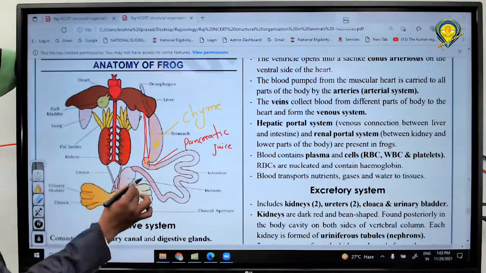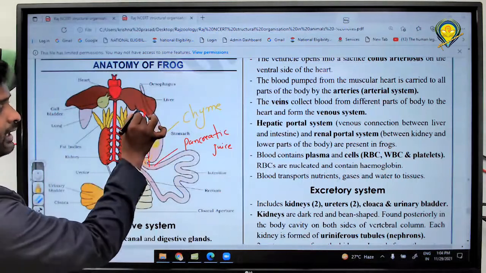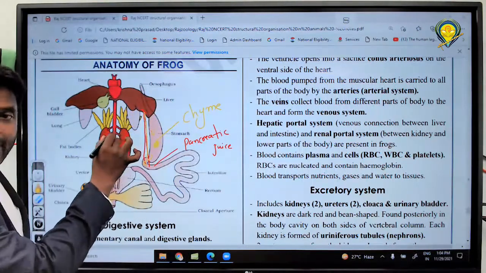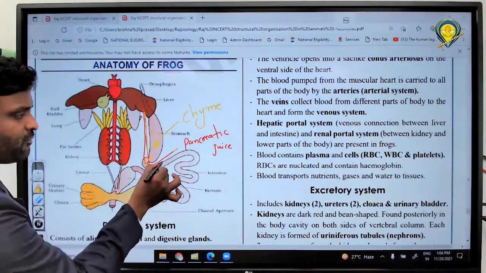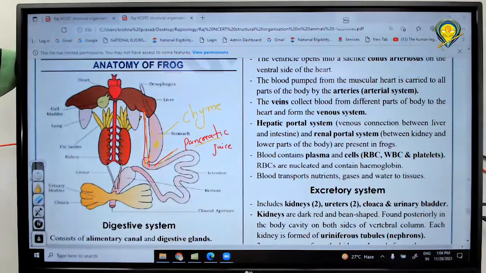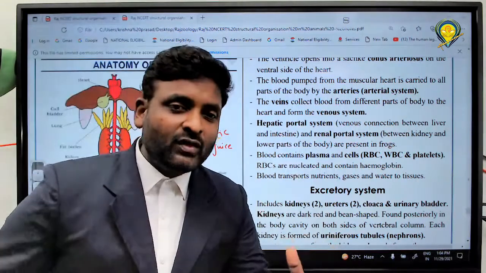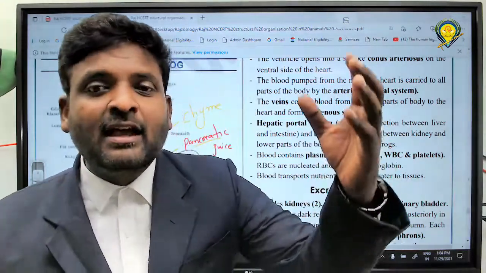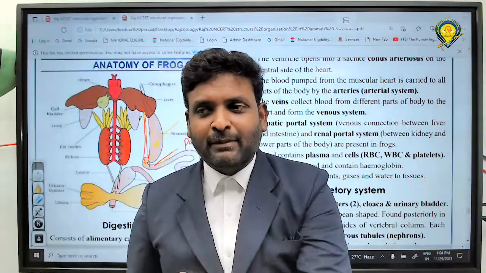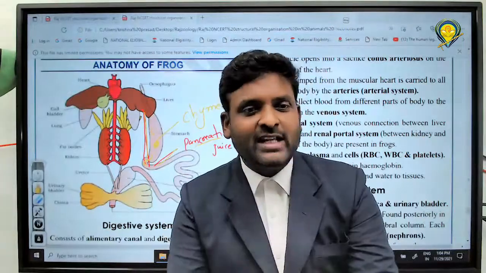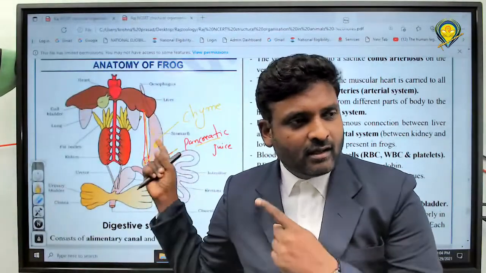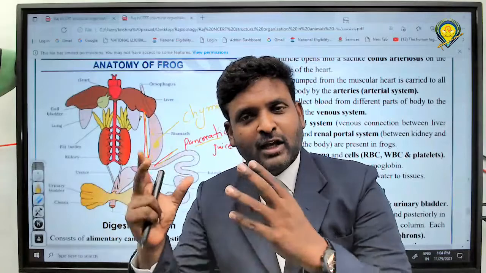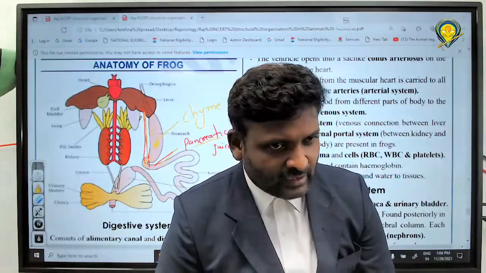As the chyme enters the duodenum, it receives bile juice and pancreatic juice. Further digestion of chyme takes place by both pancreatic juice and bile juice. Bile juice helps in emulsification of fat, means fat digestion, and pancreatic juice helps in carbohydrate and protein digestion. Right?